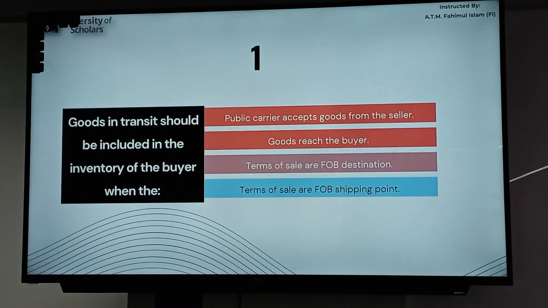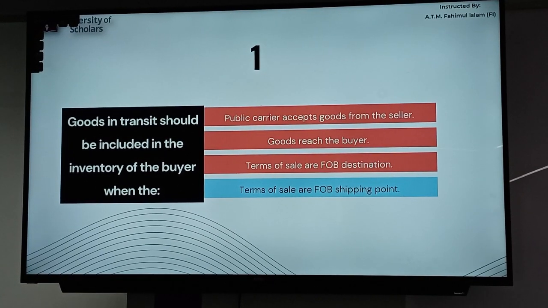So let's try the from destination now. Why? In our previous chapter we have learned about FOB shipping point and FOB destination.